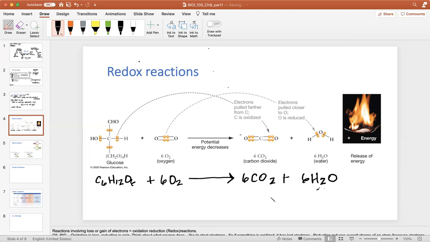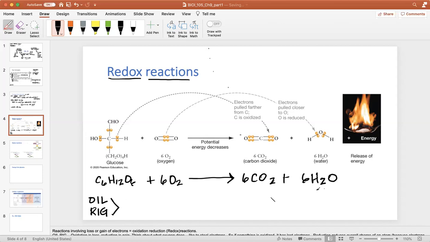As a matter of fact, we have rearranged these things in an oxidation reduction reaction or a redox reaction, okay? And remember that oxidation is loss and reduction is gain. So let's look at what's being oxidized and what's being reduced in this example.